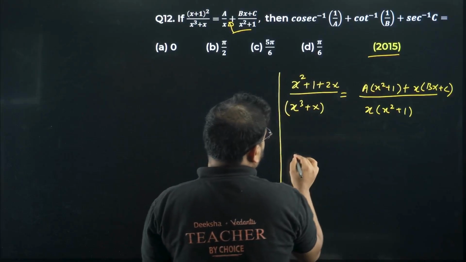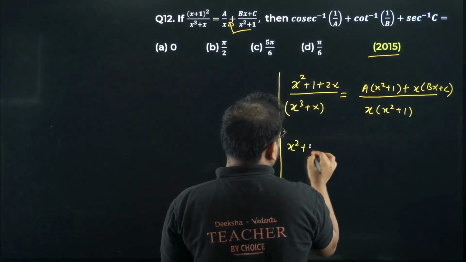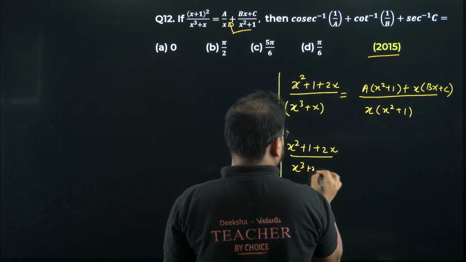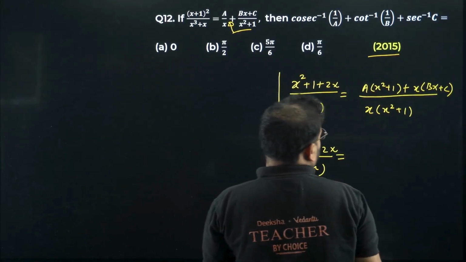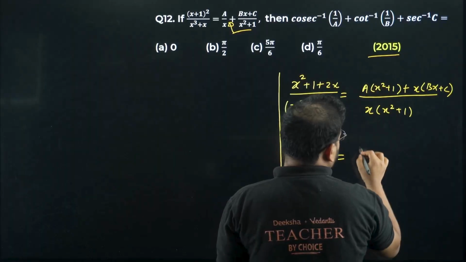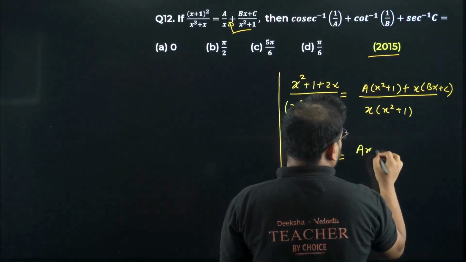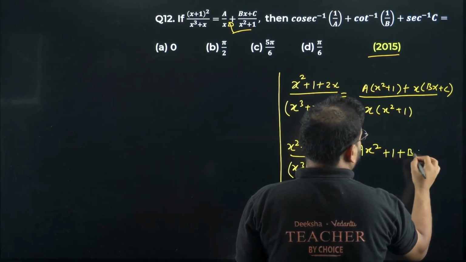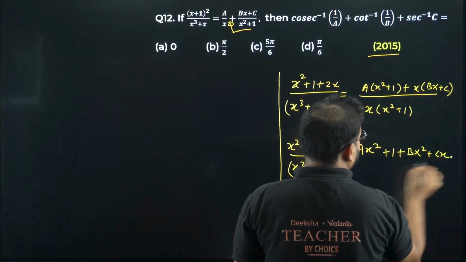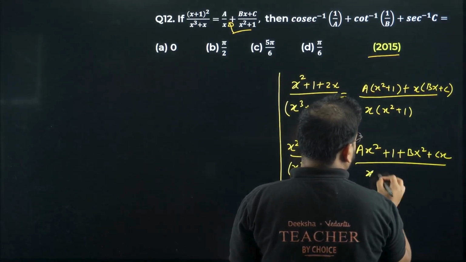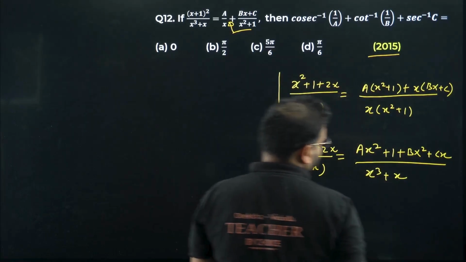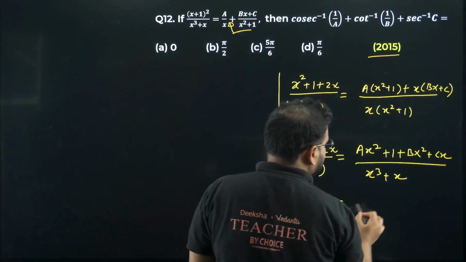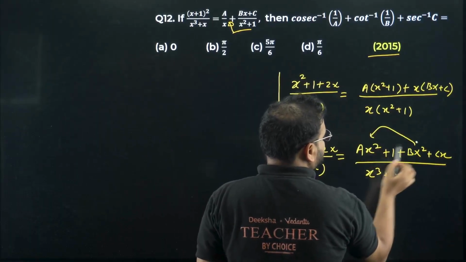Continue the steps over here. I have x square plus 1 plus 2x over x cube plus x equals, expanding, A times (x square plus 1) plus bx square plus cx, divided by x cube plus x. Now we'll only simplify the numerator of the right-hand side. I have two x square terms, we'll club them together.